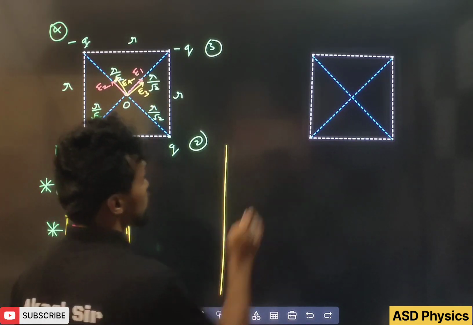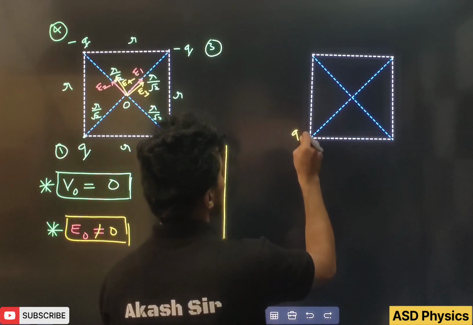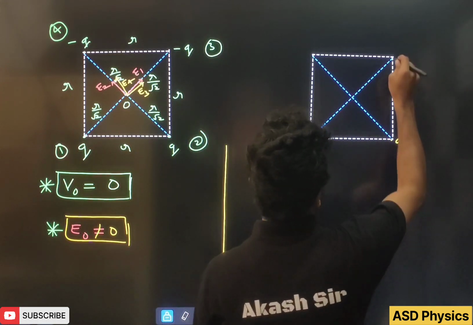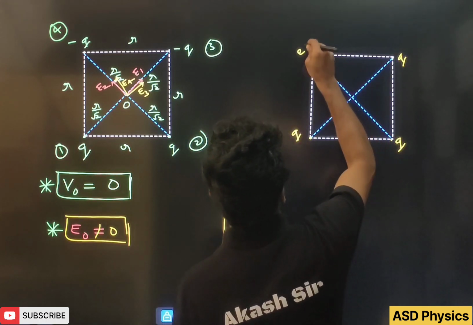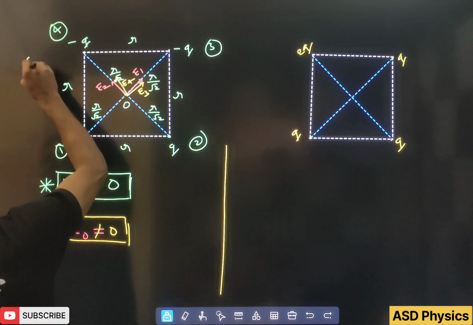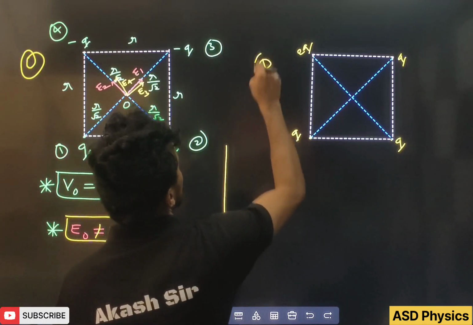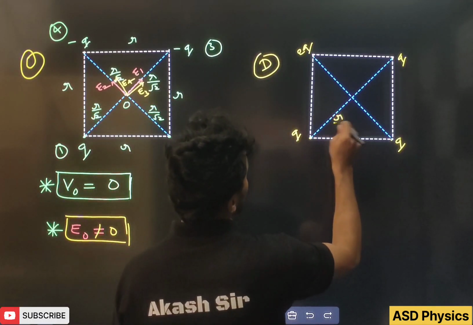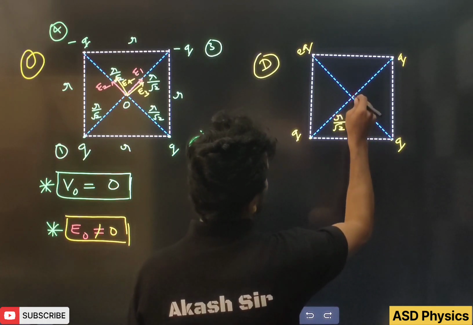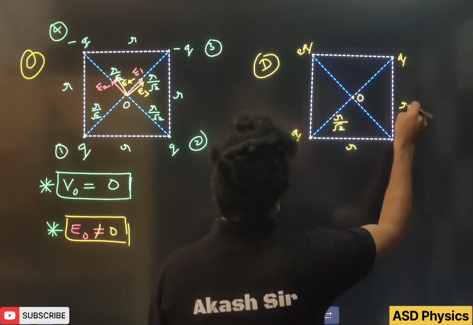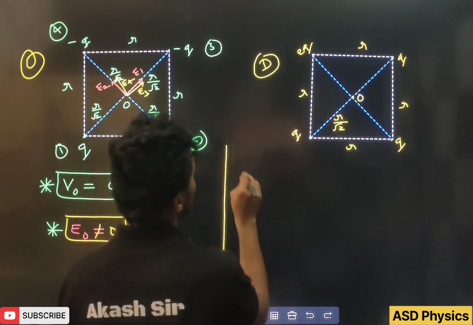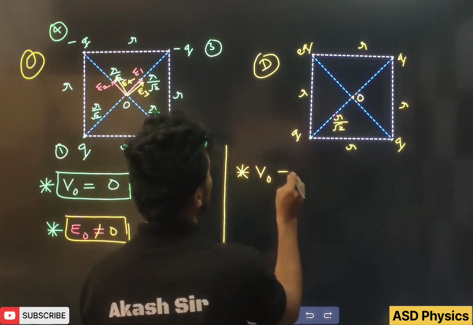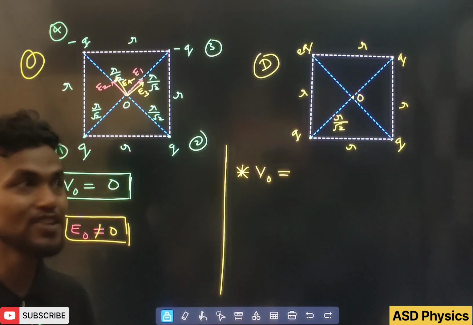Okay. Now students, see this situation here. Let's take here I have taken Q, Q, Q, and here I have taken 2Q. Let's say this is the C situation, and now this is the D situation. Now again, this is R by root 2 as we have done here, and this is O. This is all R. So now guess and tell me, potential at point O will be 0 or non-zero?